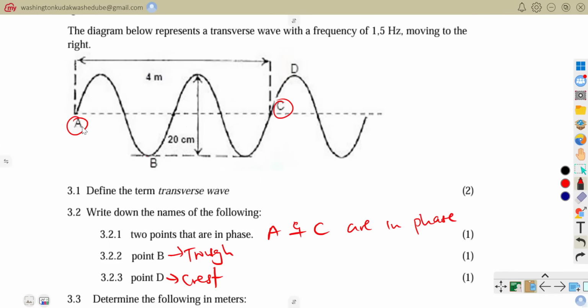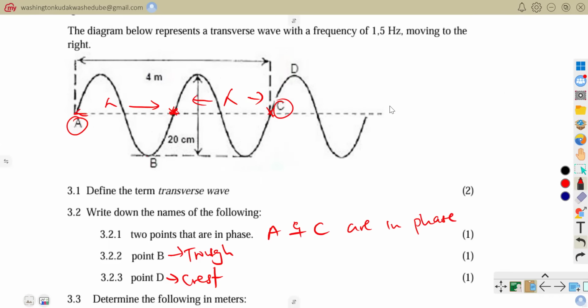If I move one complete cycle and come back, I would have a point in phase, and another complete cycle, I will have that. So I've got two wavelengths here, the first wavelength and then the second wavelength.